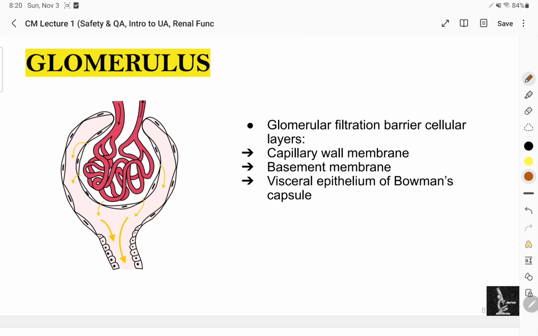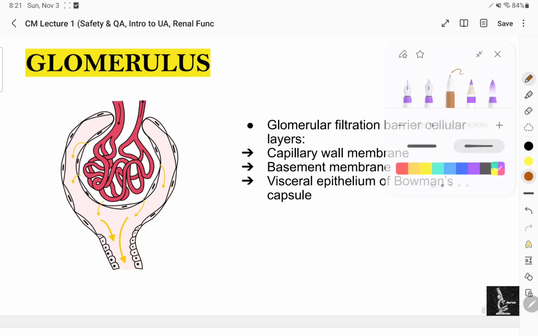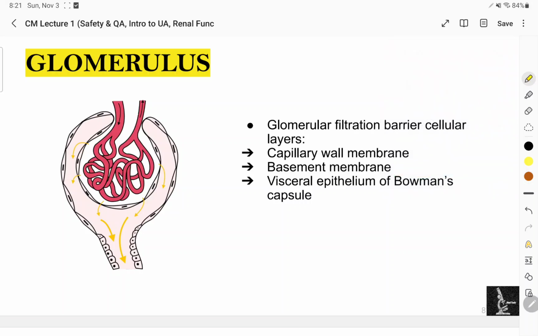First is the capillary wall membrane. So, the wall of your capillary. And then the basement membrane of your capillaries. And then the visceral epithelium of your Bowman's capsule. So, first is the capillary wall membrane. The color for this is just yellow. So this is the walls of your capillaries.